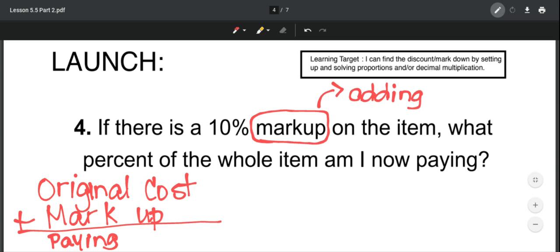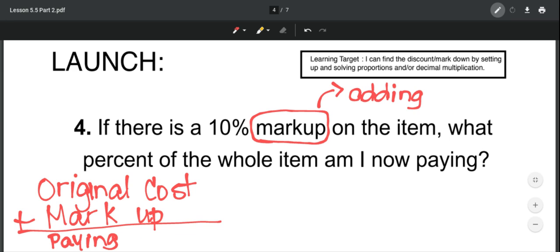Many stores do this when they pay for a certain item from a distributor or from a warehouse. So when you go shopping in, let's say, Macy's, and there is a sweater that costs a certain amount, that is not how much Macy's paid for it. Macy's marks it up a certain percentage so that they can make money off of that sweater.